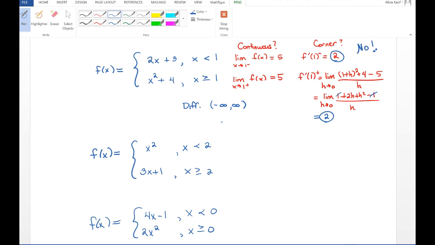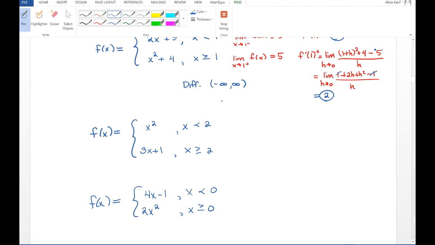So, like this next one, what's the first thing we checked on this one? Continuity. Is it continuous? No. Why not? Because if you look at from the left, we get 4, and from the right, we get 7.